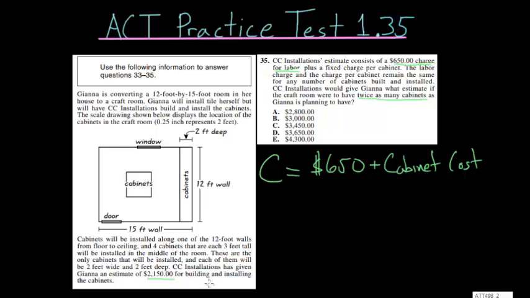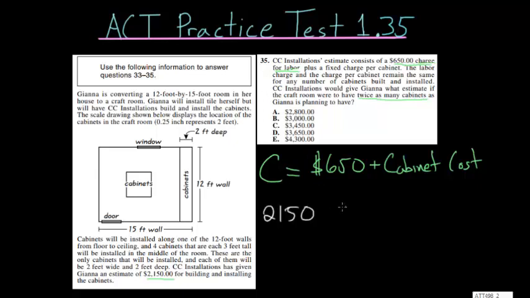But we don't know how many cabinets she bought, and we don't know the cost per cabinet. But we can figure both of those things out, and then we can figure out how much it would cost to buy twice as many cabinets. So let's first use this $2,150, since that's our cost in the original order.